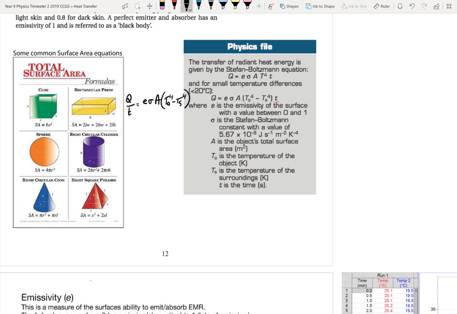So I want you to focus solely on the object minus the surroundings. That top equation is for like a star sitting in a vacuum. If the star is 5,000 Kelvin, it's going to be pumping out a lot of energy.